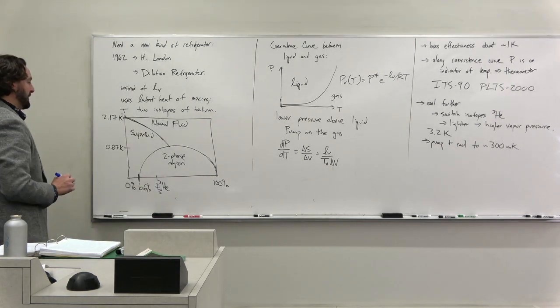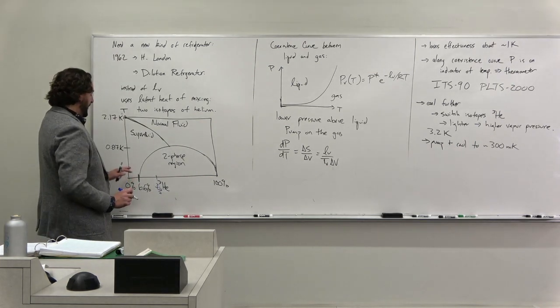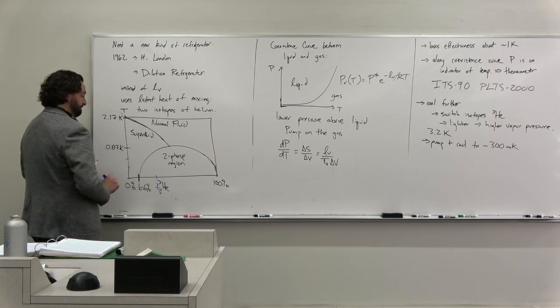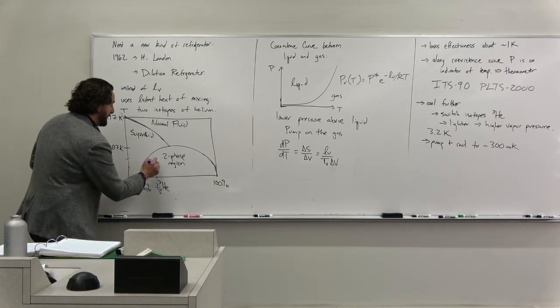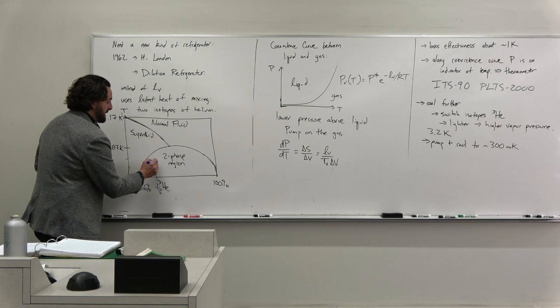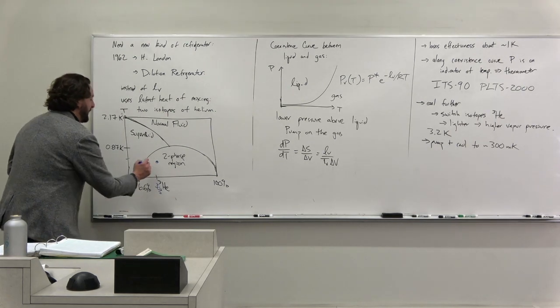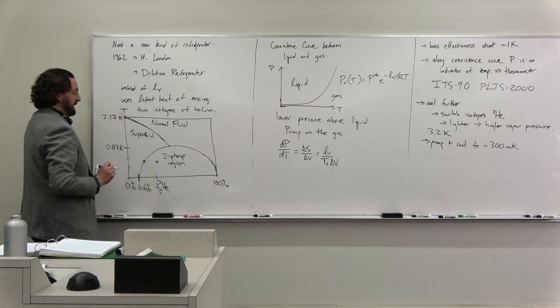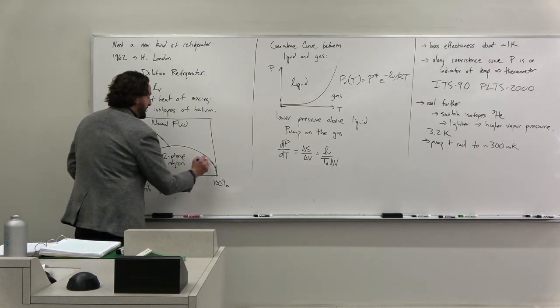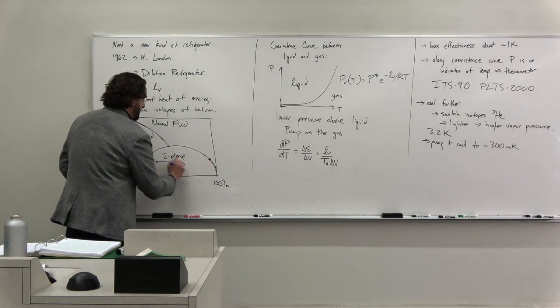Let's say I had 30%, and I were at this temperature. I'm not allowed to be in this part of the phase diagram. Instead, I actually have some helium that's this phase and some that's this phase.